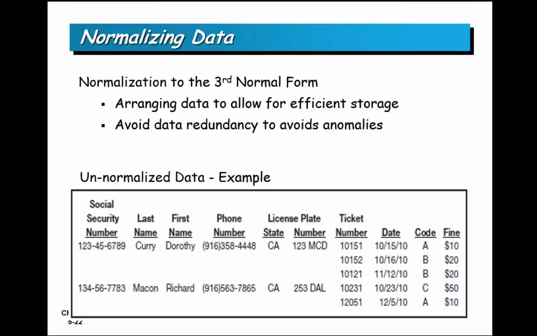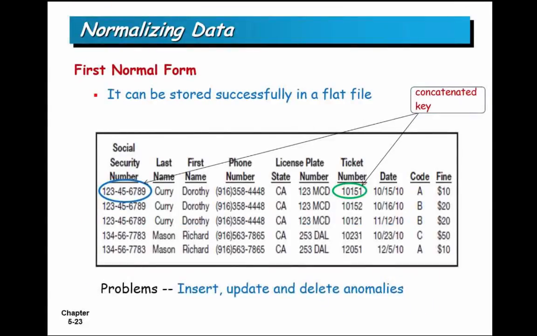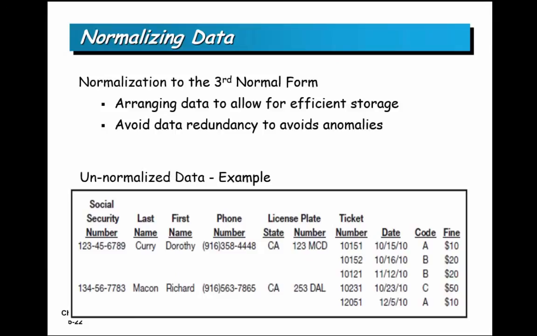Right? Now you could take this, and when you start off building tables from non-normalized data, you walk it through from the 0 normal form to the first, to the second, to the third, etc. So this is the 0 normal form. You would take it to the first normal form by just taking this and repeating this information for Dorothy and repeating this information for Richard.